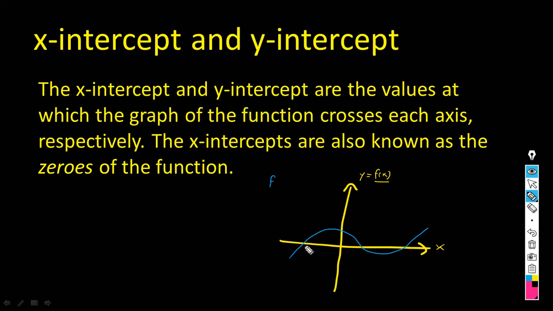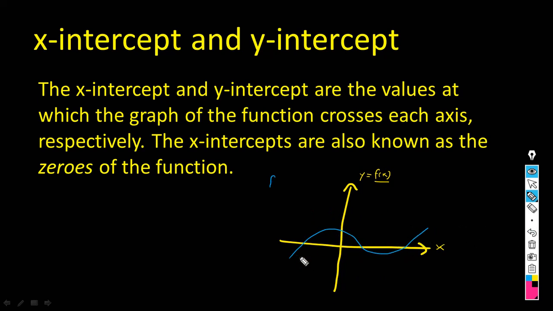That is, if you draw at any point you please, for example, this one, or this one, or this one, these red or pink straight lines, which are vertical, only cross the graph at one point. And if that happens, then the graph that is being drawn actually represents a function. If that doesn't happen, then you don't have a function. These tests have to be passed for a graph to be a function.